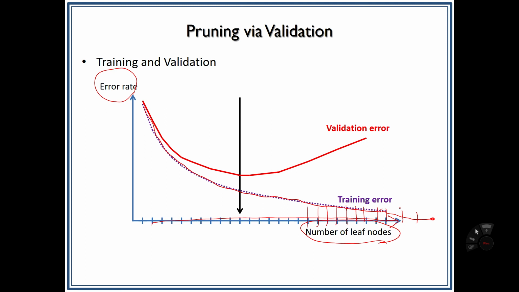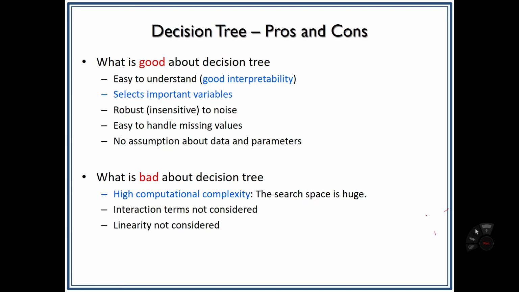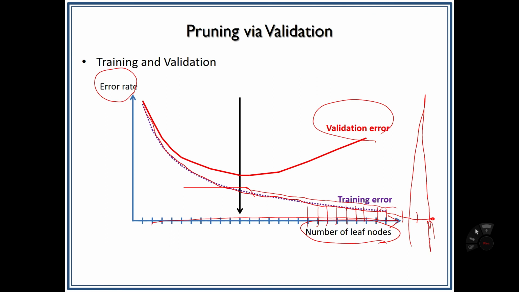Then the training error increases as we decrease the number of leaf nodes, but the validation error, because at this point with 0 training error, it was quite an overfitted decision tree, so it does not work well for a new data set, which is the validation data set.